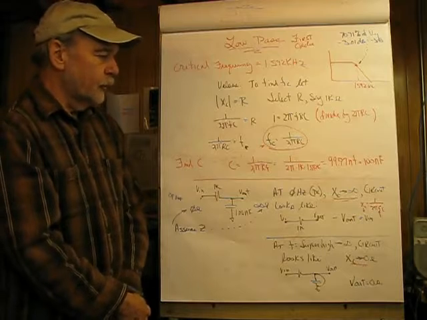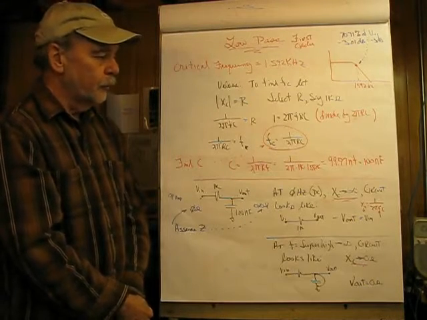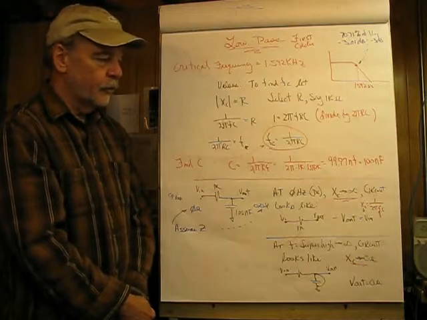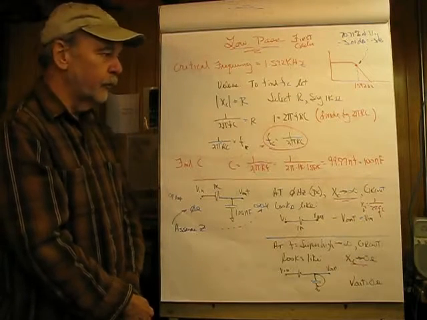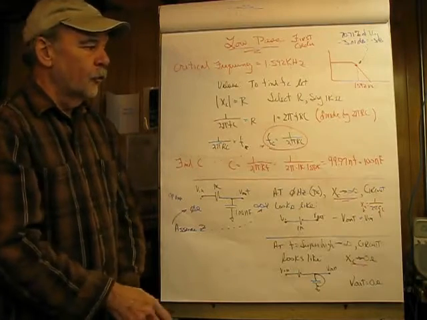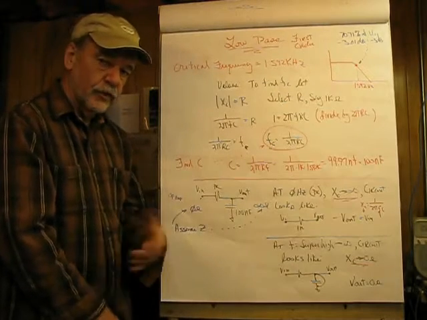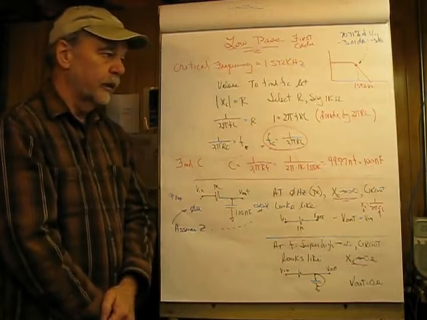So let's talk about values a little bit. And what we're going to do here is try to find the value of a capacitor. So we're given the frequency, and I'm going to select an R. The value that you're going to select would have to do with the impedance in general of what you're working with.